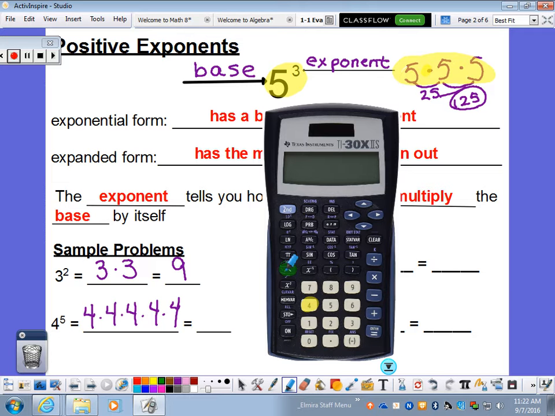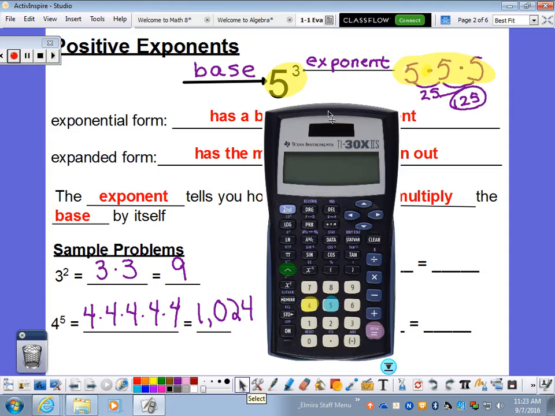That's your caret key. And that tells the calculator that whatever number you put in next is going to be an exponent. So after I type the caret key, I would type the 5, and that is how I would do 4 to the 5th power, and then equals, and it will give me my answer. 1,024. And to be honest, I don't know that answer in my head without using a calculator, so you do not know that answer in yours either.